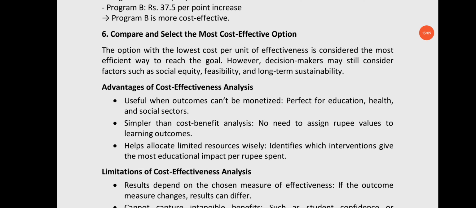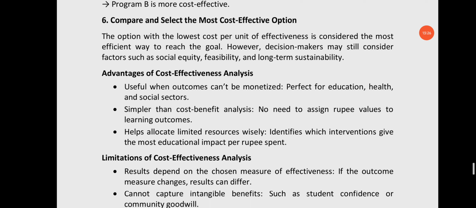Number six, compare and select the most effective option. The option with the lowest cost per unit of effectiveness is considered the most efficient way to reach the goal. However, decision makers may still consider factors such as social equity, feasibility, and long term sustainability.